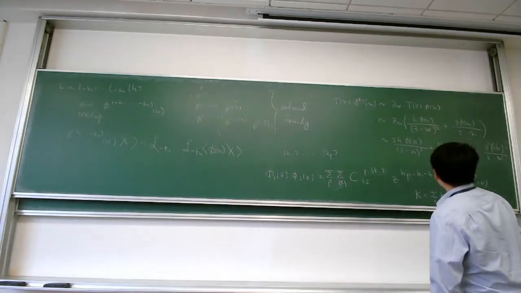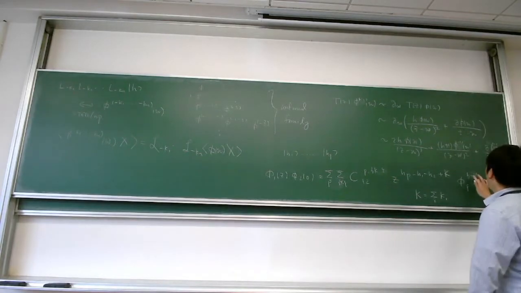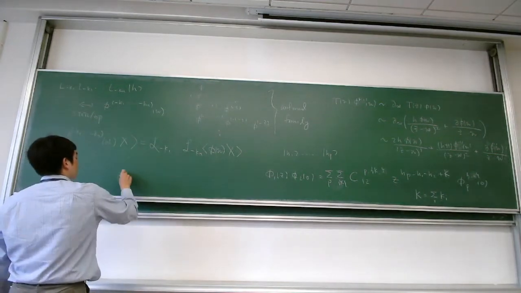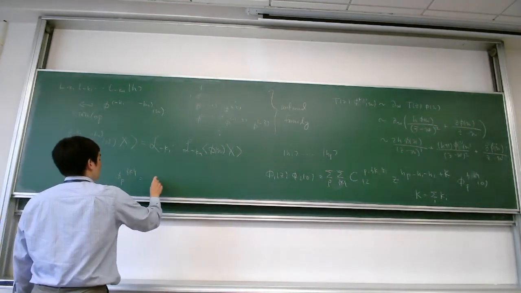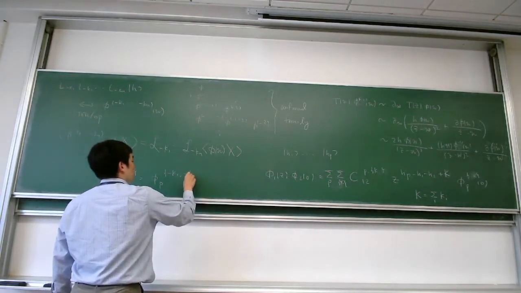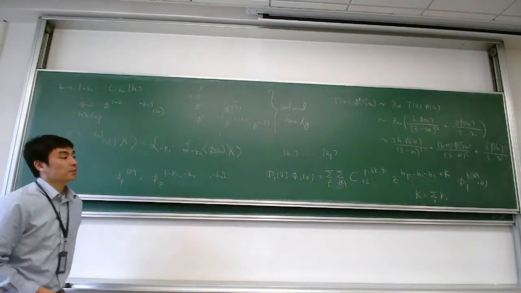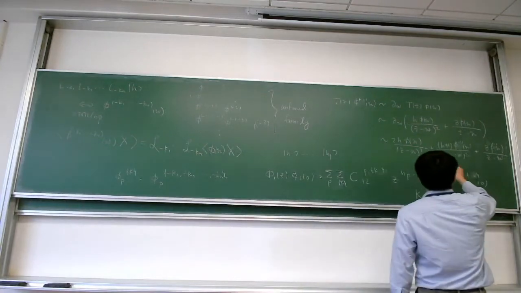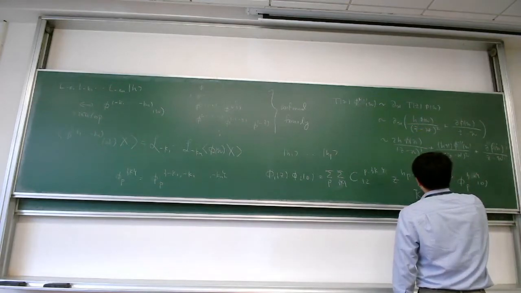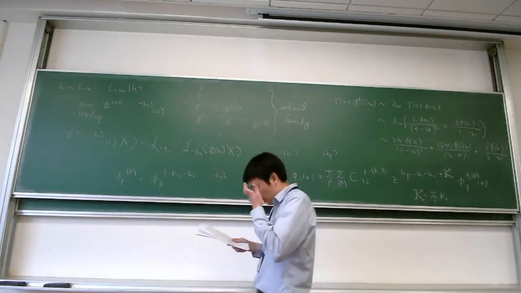I should write this as minus K. What I meant here is that the notation phi p of minus K is phi p with minus K1 minus K2 and so on up to minus Kn. The capital K is the sum of the Ki, so it is the level of the descendant.